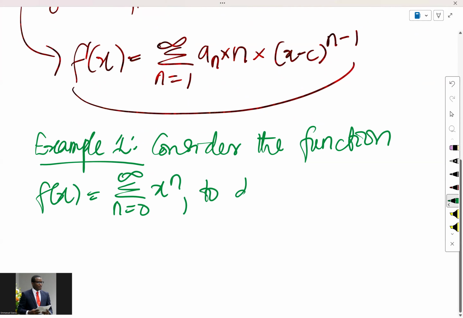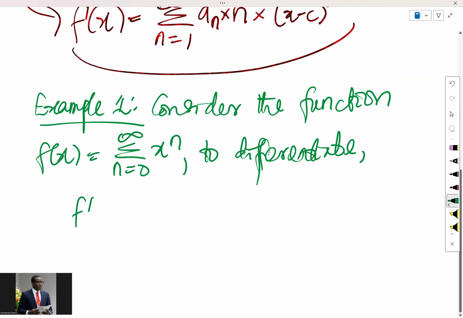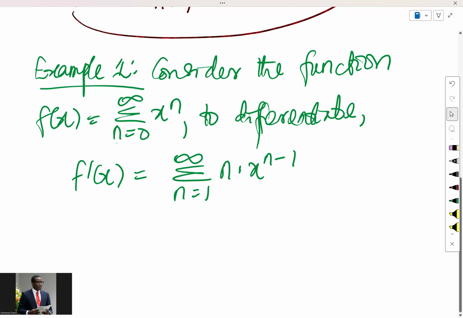To differentiate, we have f prime of x, which is now equal to summation, where n equals 0 becomes n equals 1 when you differentiate, and that goes to infinity. There's no constant in this case, so bring down the power n. You just do it like you're differentiating a normal function. So you have n times x raised to power n minus 1. That's the derivative of that.